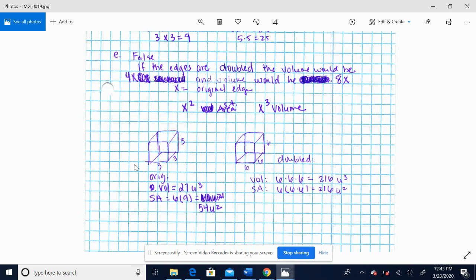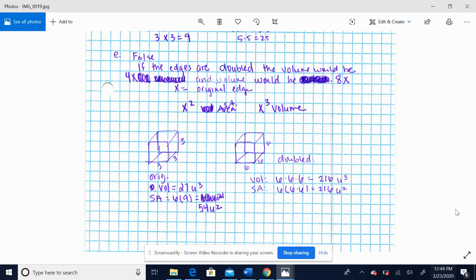If we think about this as our original, say we had 3, and we doubled those, we would have 6 and 6. So we're getting twice as big in the surface area, we're getting twice as big in the volume. So we would have a difference of 4 times the amount. Doubled would be 2 times 2. Doubled here would be 2 times 2 times 2 because we're going in 3 dimensions, okay?